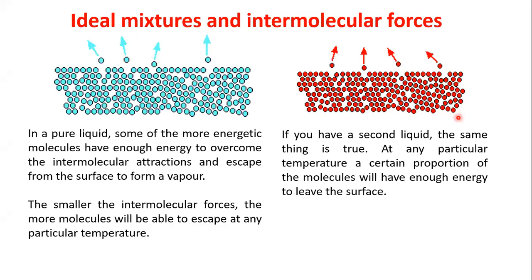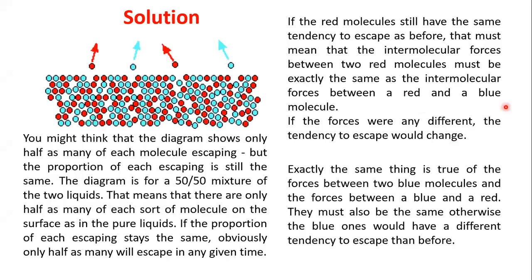Now let's look at it when they are mixed. When you mix the two liquids together to form a mixture, 4 balls are escaping, but out of the 4 balls, we have 2 blue balls and 2 red balls. What this tells us is that the rate at which they escape is still the same.